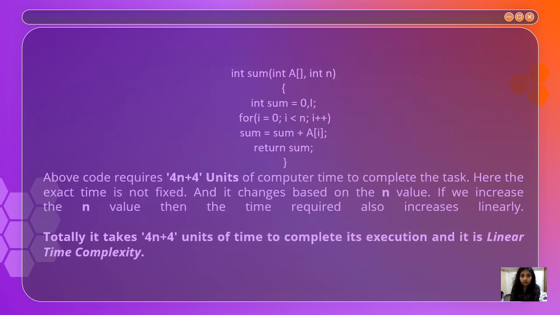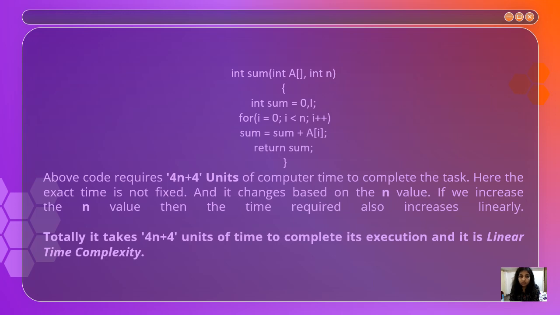In contrast to the constant time complexity, we have linear time complexity as well, where the input values determine the amount of time taken by an algorithm to complete its execution. Here is an example with a function called sum, which is passed with an integer array and an integer n.